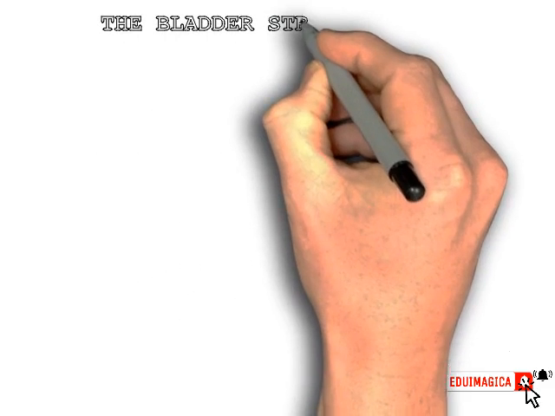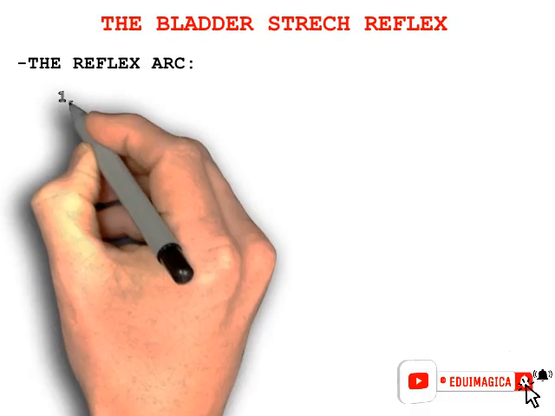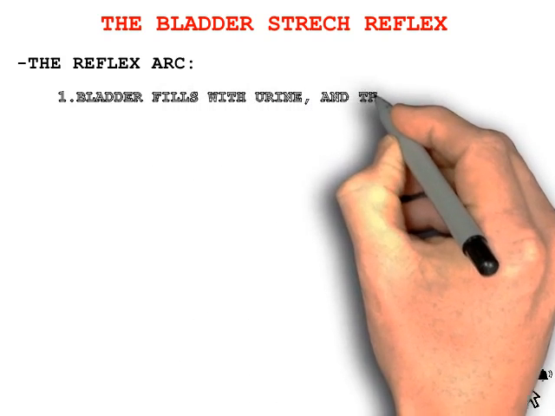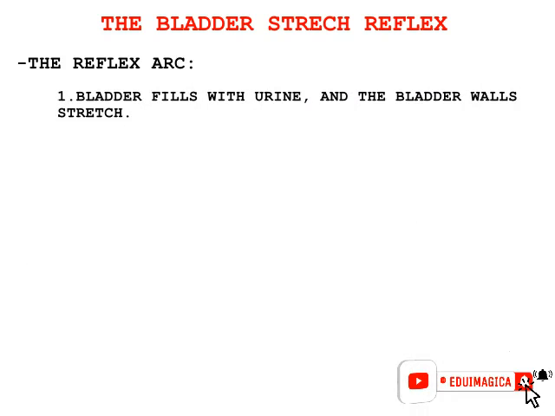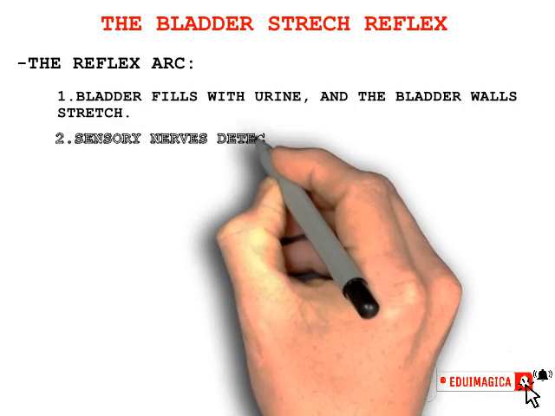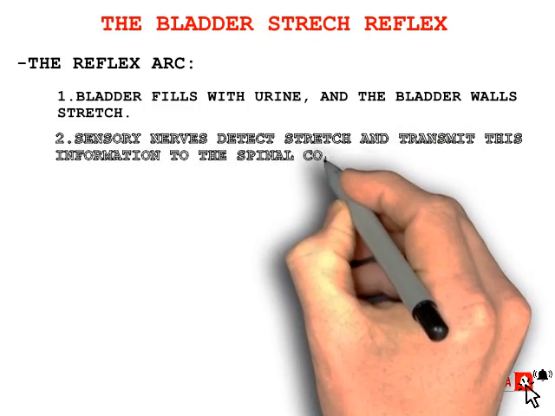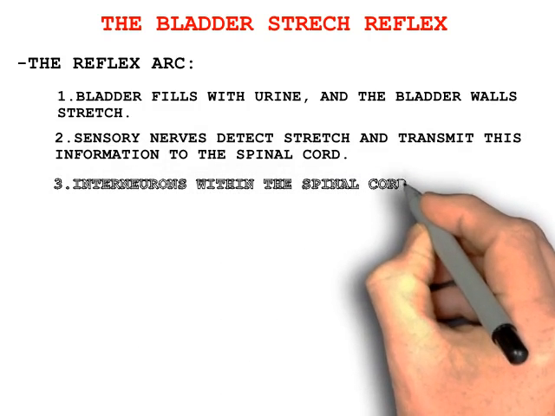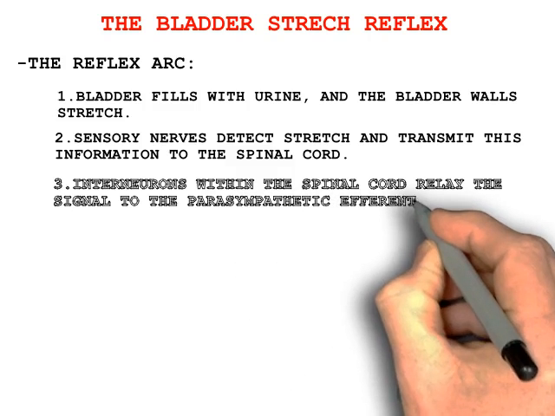Now let's talk about the reflex arc of the bladder stretch reflex. At the very first, the bladder fills with urine and the bladder walls stretch. When the bladder walls are stretched, the sensory nerves detect the stretch and transmit this information to the spinal cord. Then the interneurons within the spinal cord relay the signal to the parasympathetic efferent fibers of the pelvic nerve.